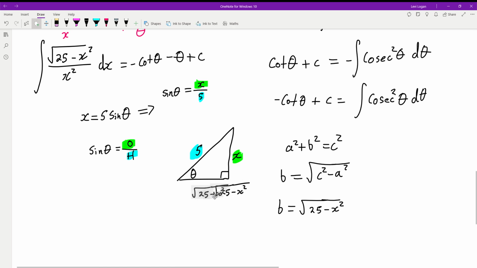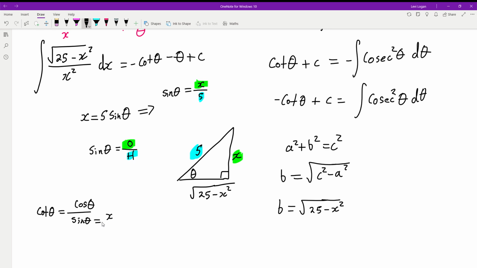So now we just do a bit more trigonometry real quick. So recall cot theta is cos theta on sine theta. We know exactly what we have for sine theta. Sine theta is x on 5. Now cos theta is the adjacent on the hypotenuse.